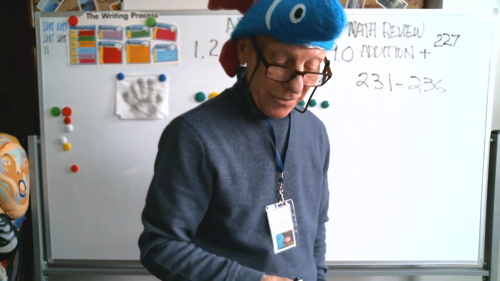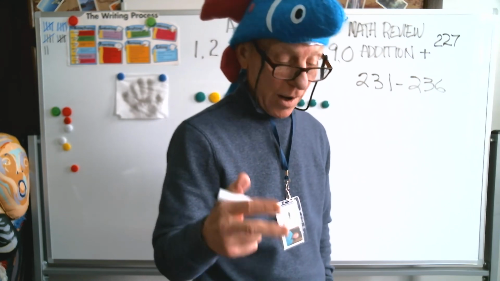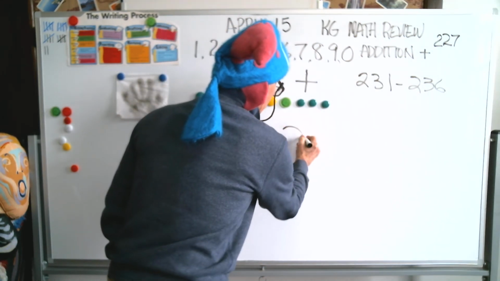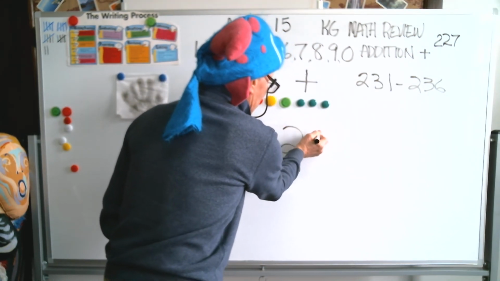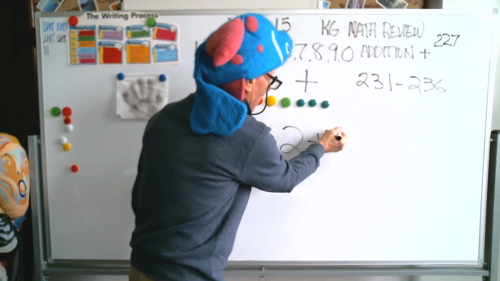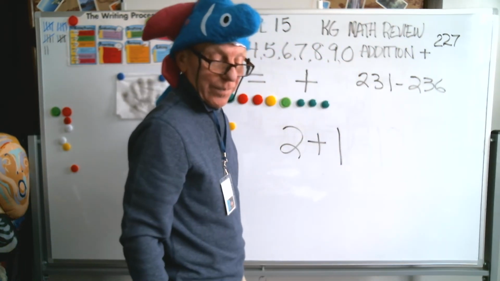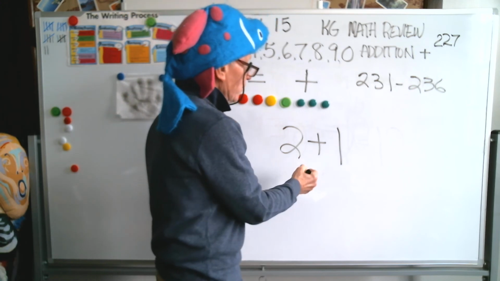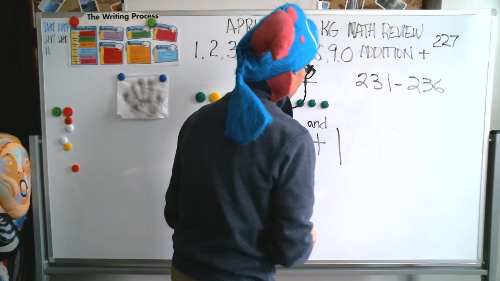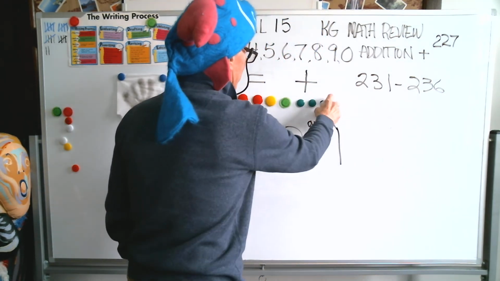So if you look at the picture on page 231, you see there are 2 people, 2 children on the swings, and there's 1 more little girl coming over. So 2 plus 1, or 2 and 1. So let's go.